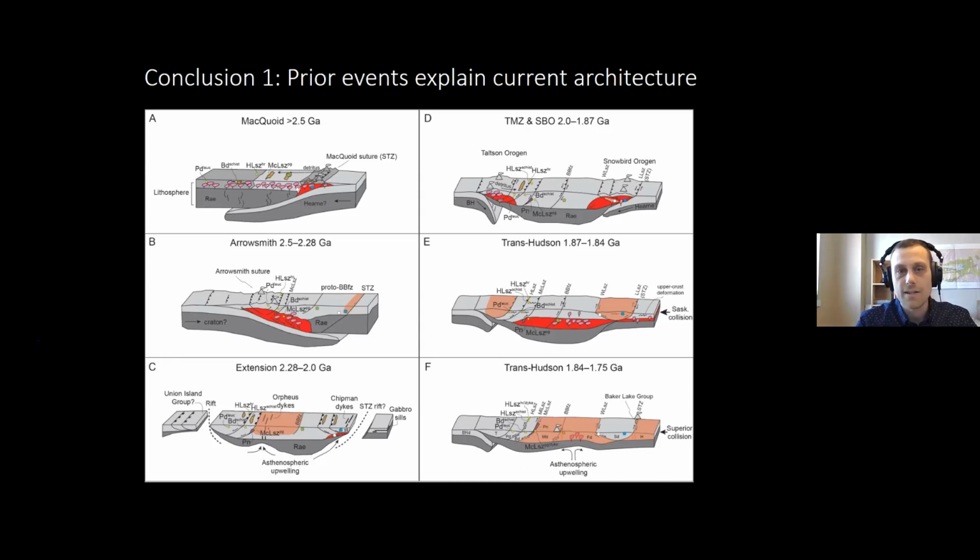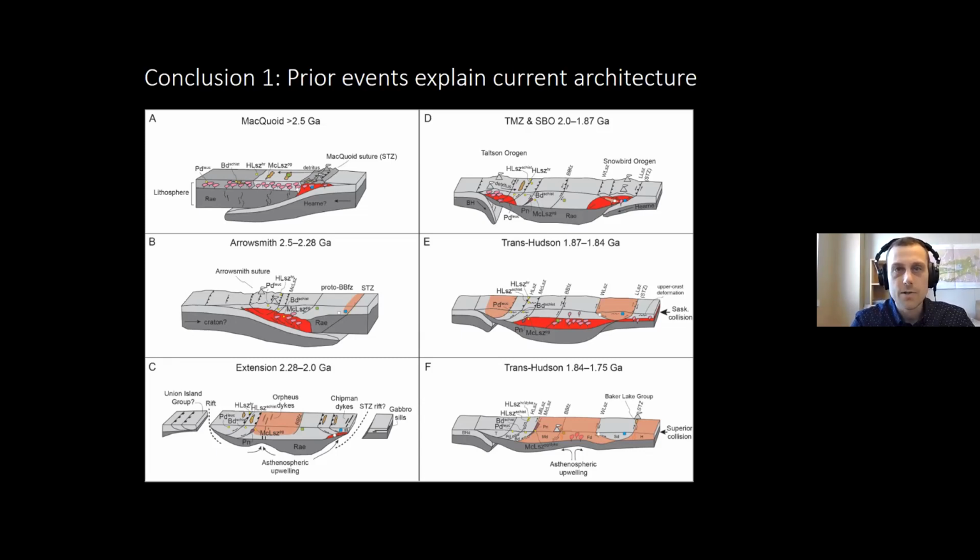Because I think this is an example of a modern day complex region where the data I've presented here is very consistent and reconciles how we went from A to F essentially on this diagram. And I think it's important that we continue to do this type of work in these complex Archaean regions to better understand how the crust gained its current architecture.